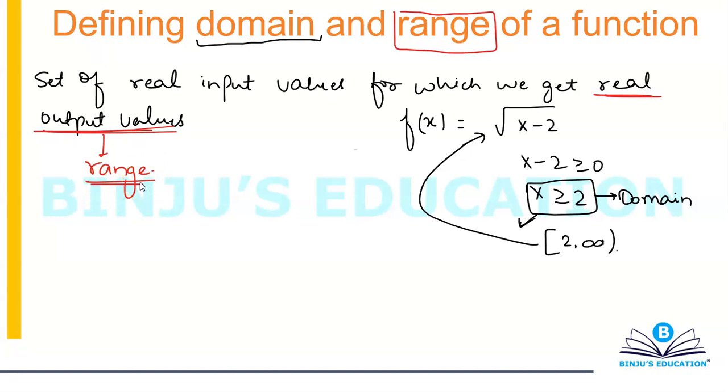Let's talk about the same function, f(x) = root of (x minus 2). When you provide an input value of x greater than or equal to 2, you will receive some output values. For example, when I provide x equal to 2, I'm going to get an output of 0.